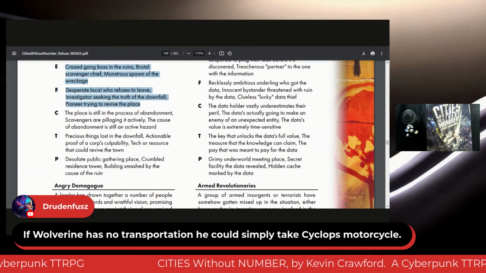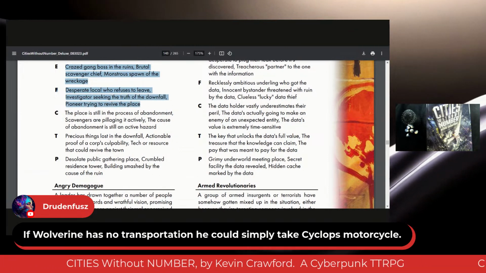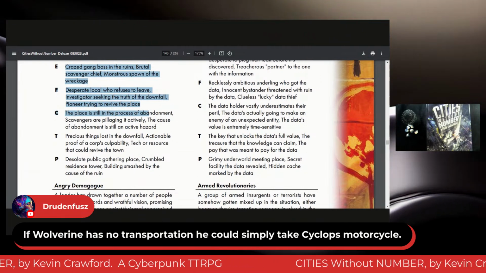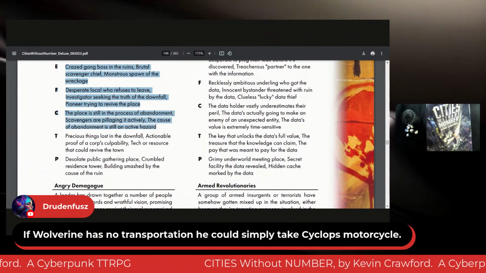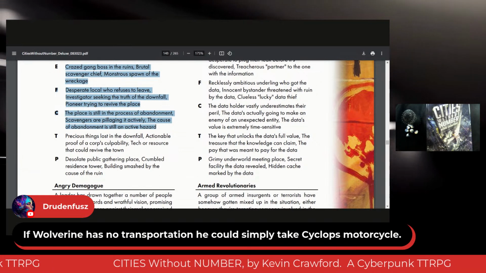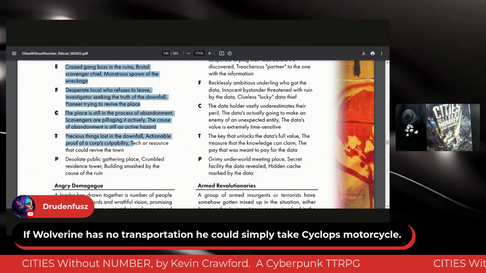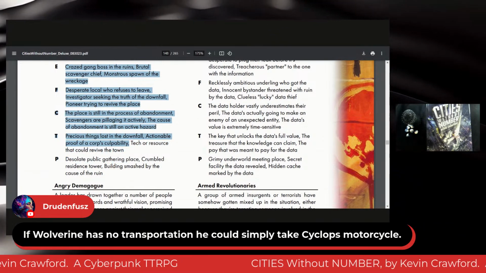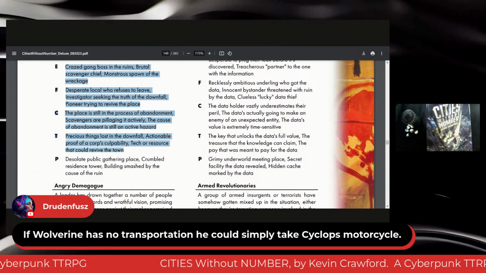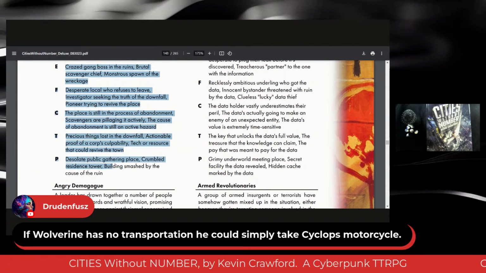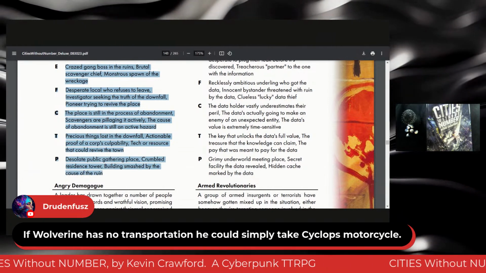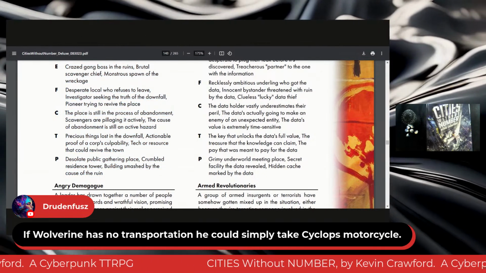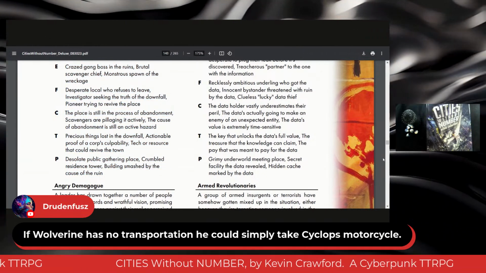For F, we've got desperate local who refuses to leave. For C, we have the place is still in the process of abandonment, or the cause of abandonment is still an active hazard. For T, we have precious things lost in a downfall, or tech or resource that could revive the town. And lastly, we have a desolate public gathering place, or a building smashed by the cause of the ruin.